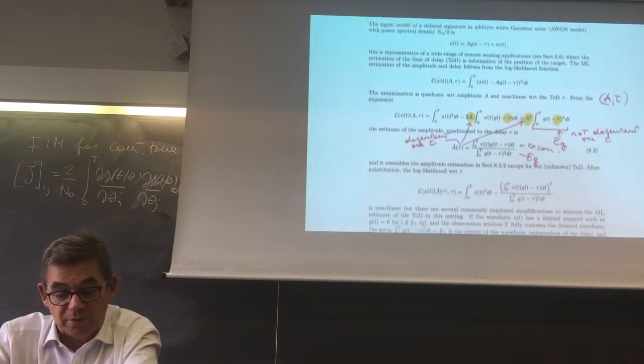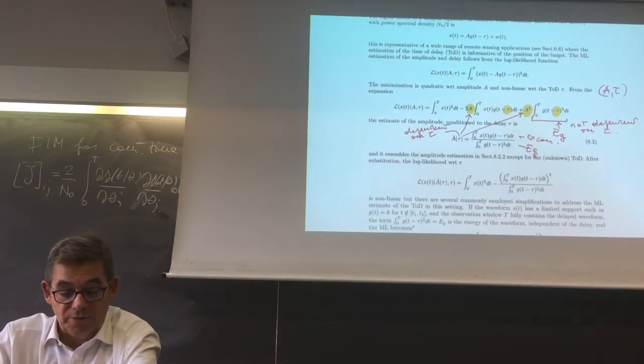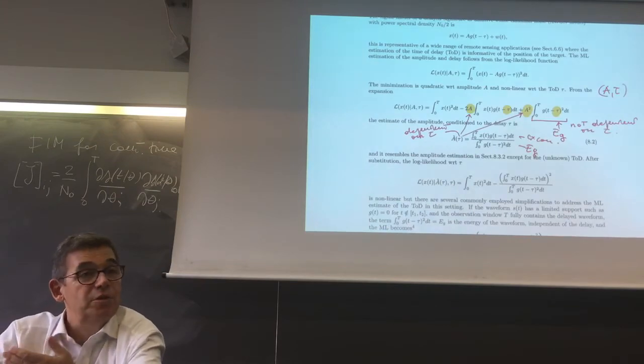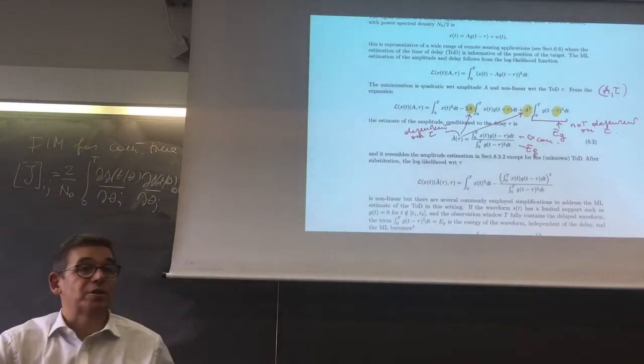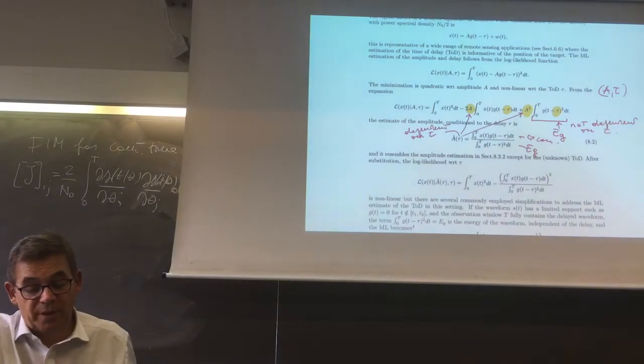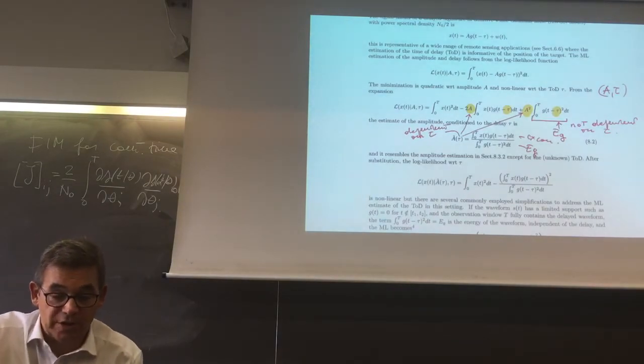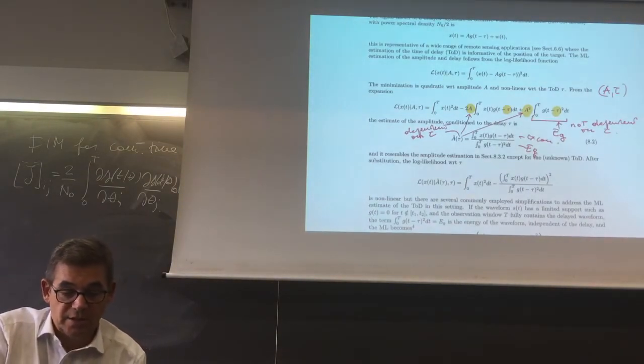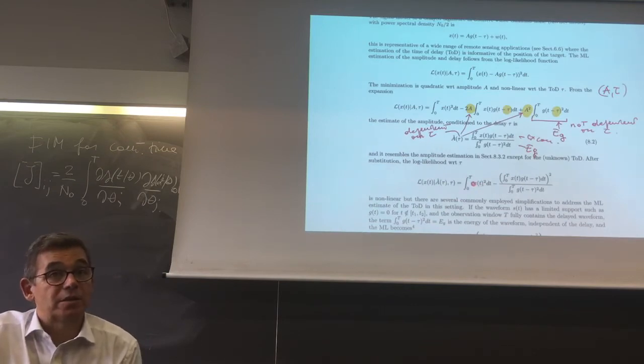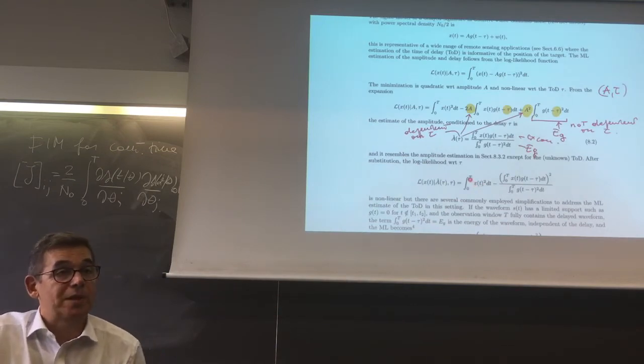So what I do now is take this formulation and put it here and there. What comes out is a Laplace function which does not depend on the amplitude but just on the delay. The first term is the energy of x, the energy of the signal, which is not depending on tau.